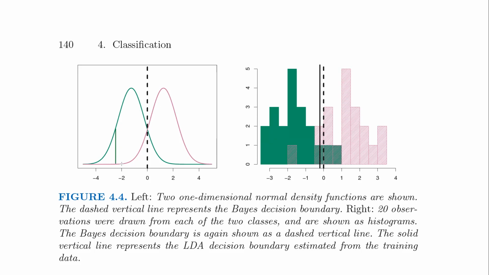So maybe this probability, this area, whereas when we now work with more than a single predictor variable, we will have volume representing area or higher dimensional concepts.